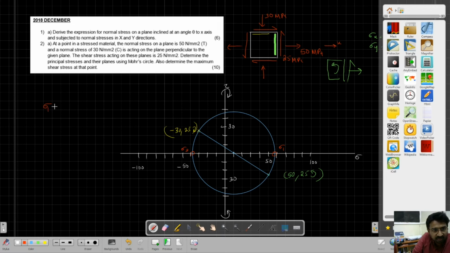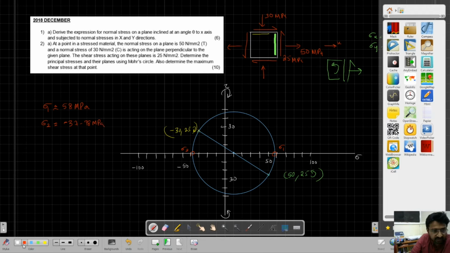Now how do you find sigma 1? If you see, I can measure it as 10, 20, 30, 40, 50, something around 58 MPa. So 58, 57 MPa. Sigma 2 is minus 10, minus 20, minus 30, minus 36, minus 38, approximately minus 37 to minus 38 MPa.